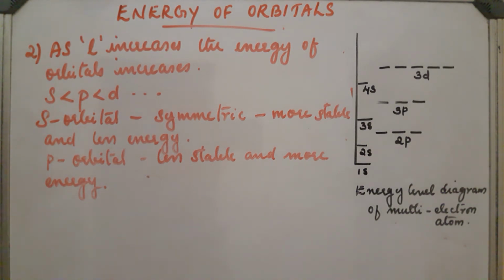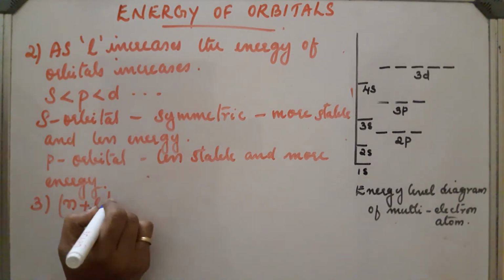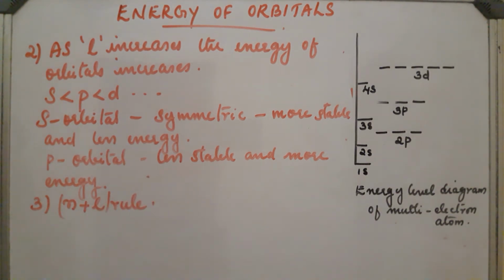So according to all these factors, we have a rule called the n plus l rule. According to this rule, the energy order of different orbitals is arranged.